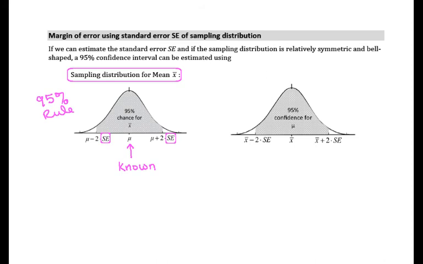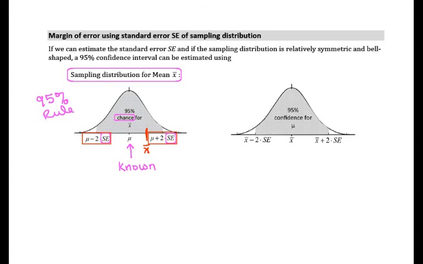So this first one tells us that there's a 95% chance that any value x bar is going to lie within 2 standard errors of the mean mu. We could mark an x bar on here. Let's say right here. We have a 95% chance of it falling between these two values, mu minus 2 times SE and mu plus 2 times SE.